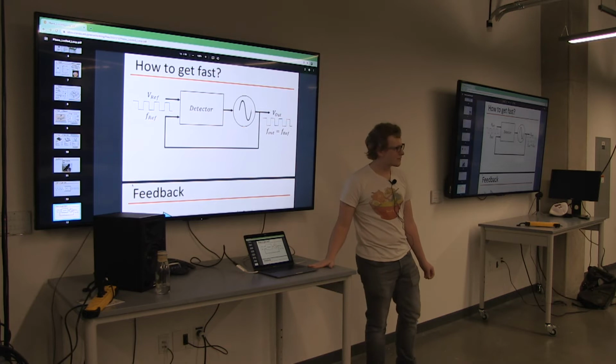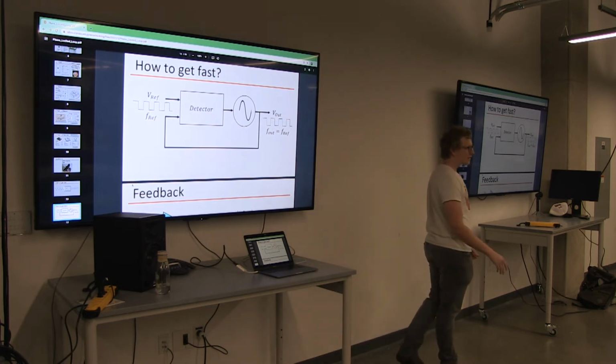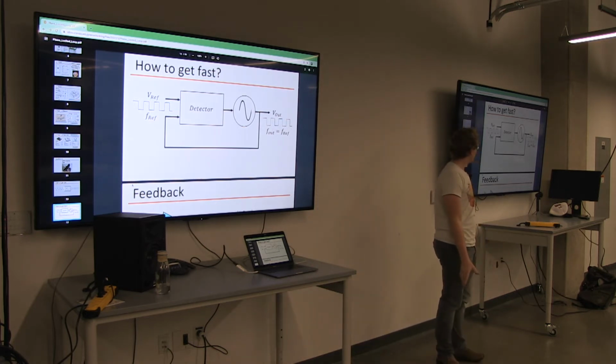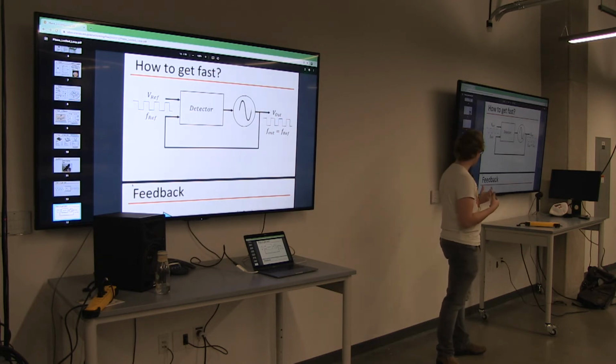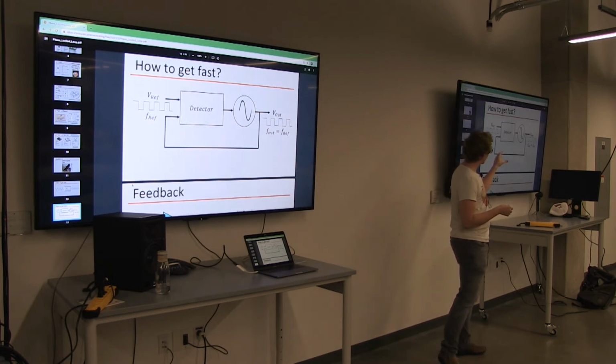So how does it do that? You have a detector. This is just like the atomic clock, right? Instead of having an atom be your reference frequency, you're having an external clock, right? This might be your crystal, might be your atomic clock. And then you're feeding back a local oscillator, right?